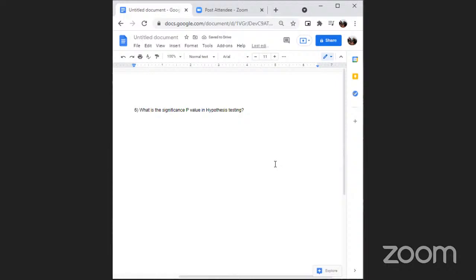This is the next question. What is the significance of p-value in hypothesis testing? As usual, I'll pause for a while and wait for your answers.